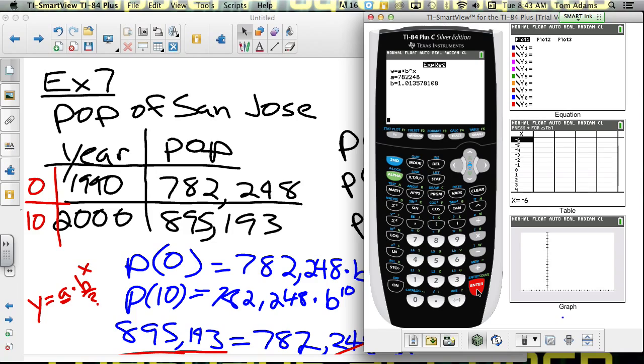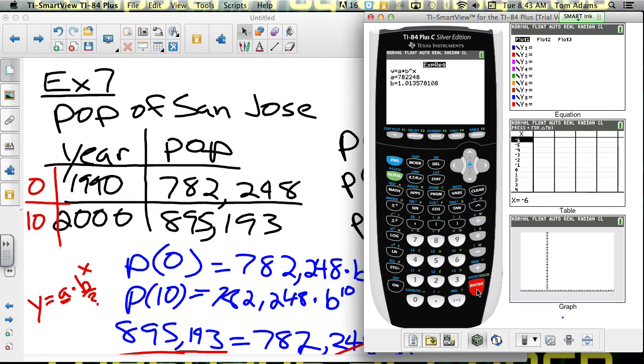There it is. Is that what we have? Does that make sense? Do you need to know how to do it by hand? Yes, you do. Is it good to know how to do it on your calculator? Yes, it is. Okay. Any questions from you guys, though?